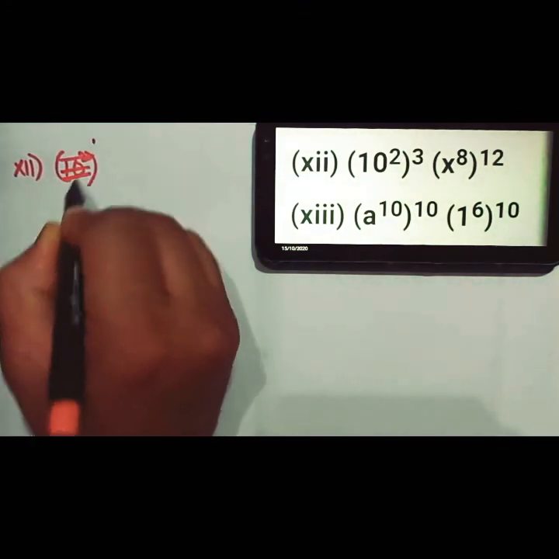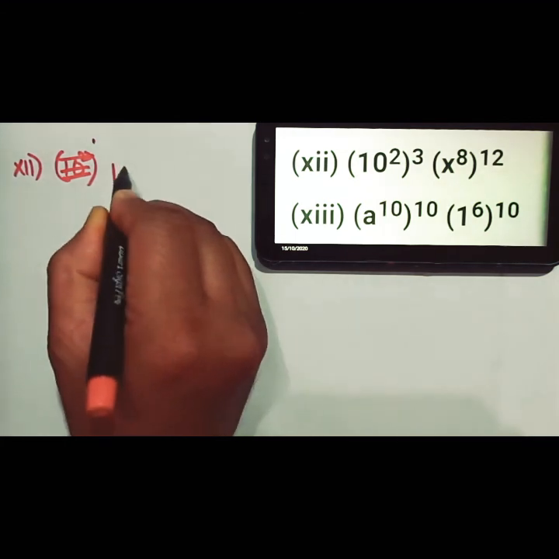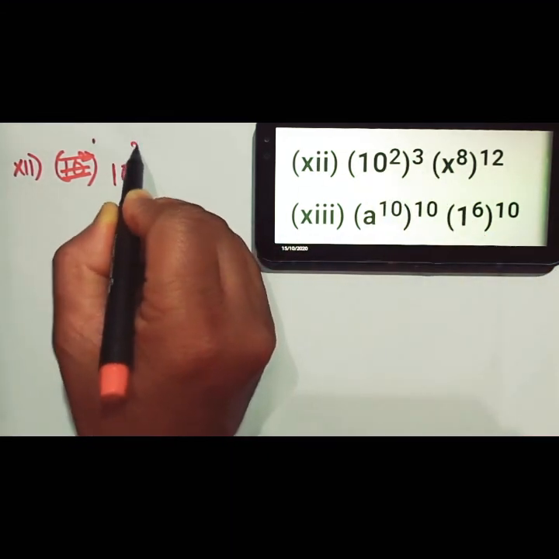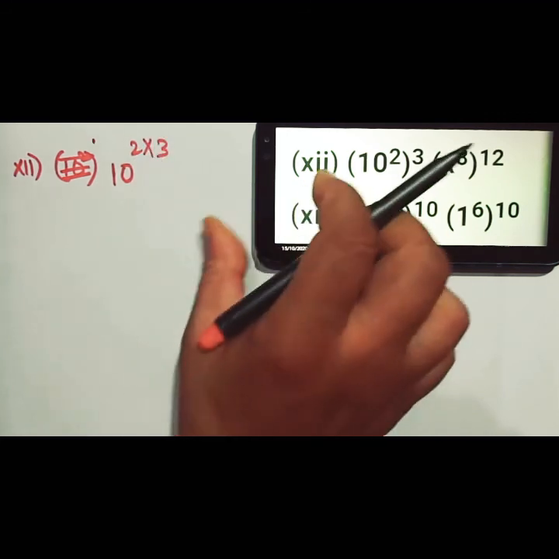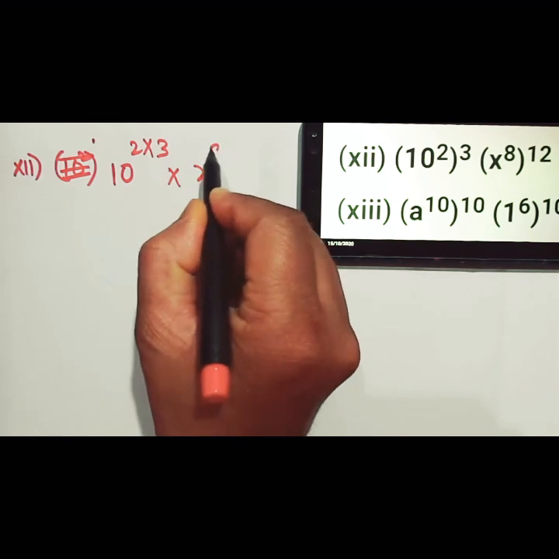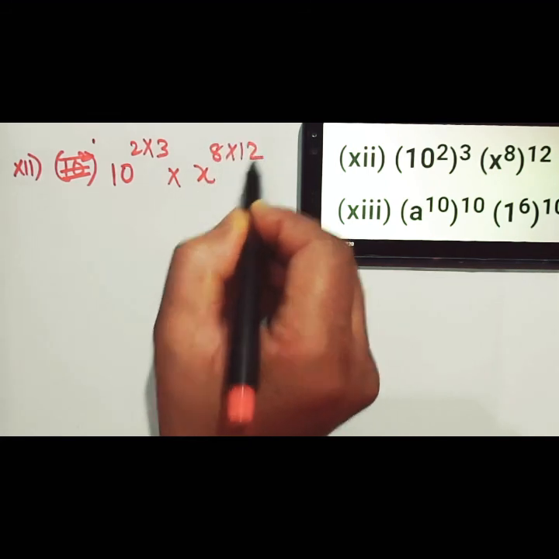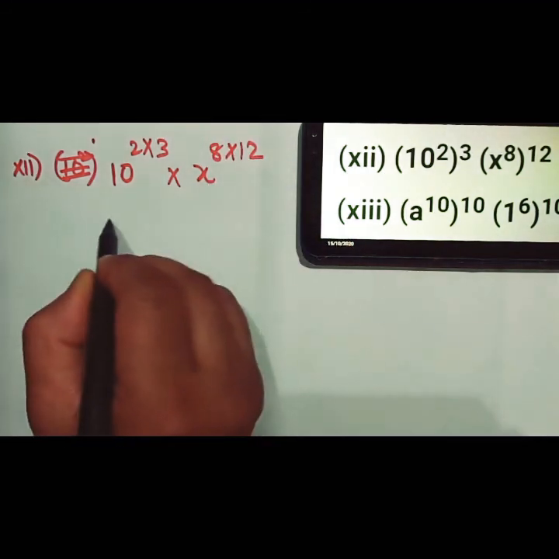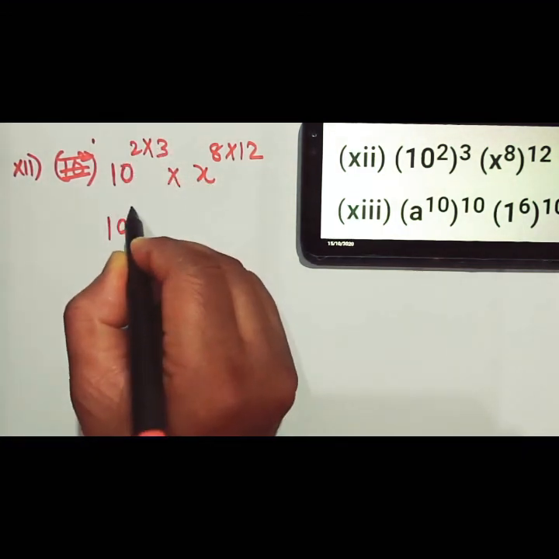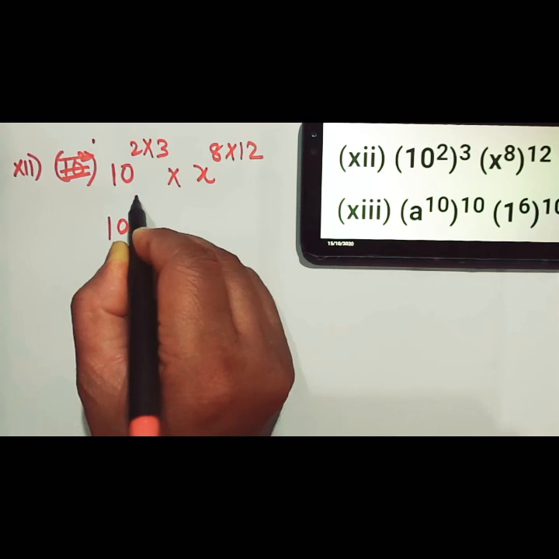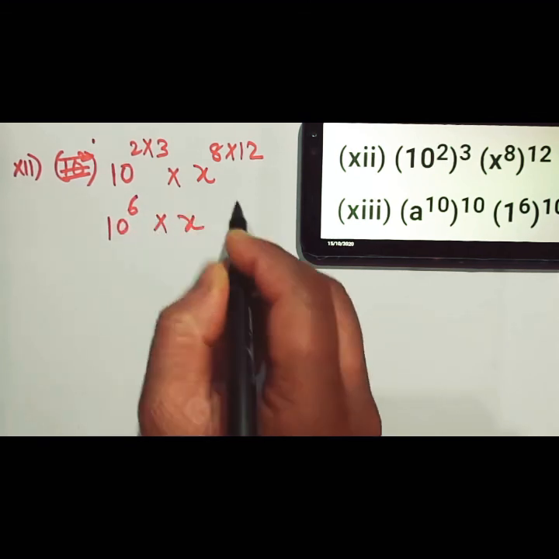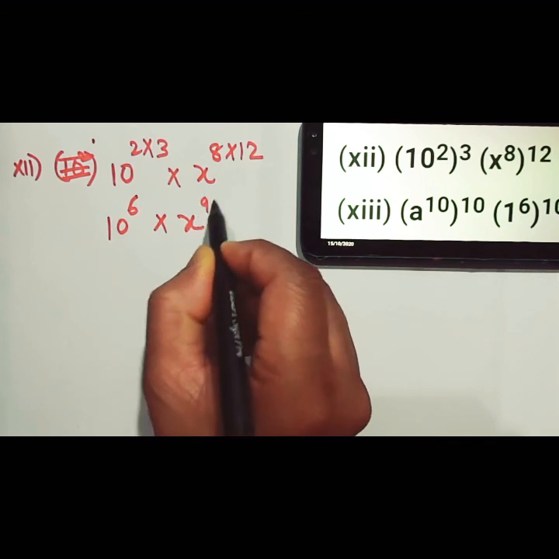Where lies the problem? In number 12 we have 10 to the power 3 twos are 2 times 3, multiplied by x to the power 8 into 12, meaning 10 to the power 3 twos are 6 and x to the power 96.